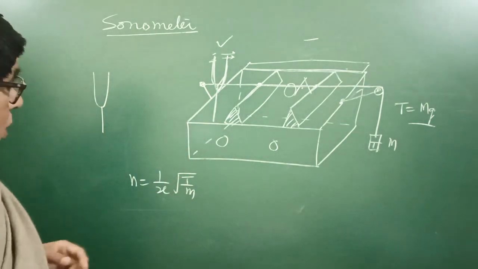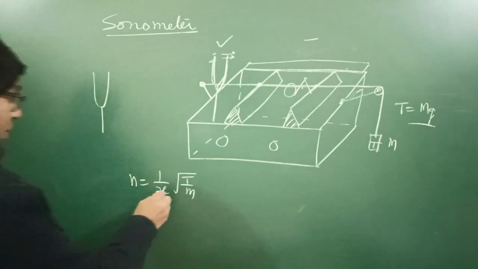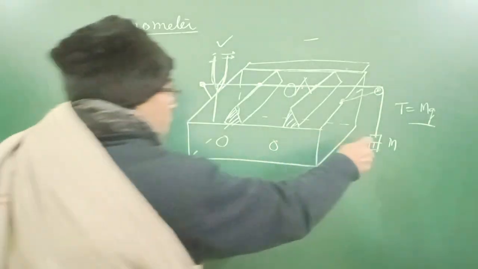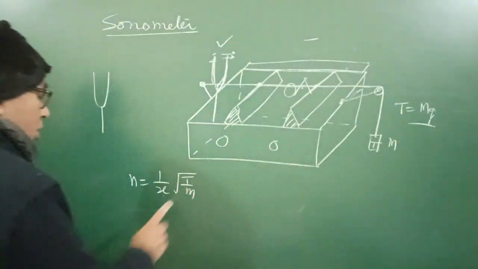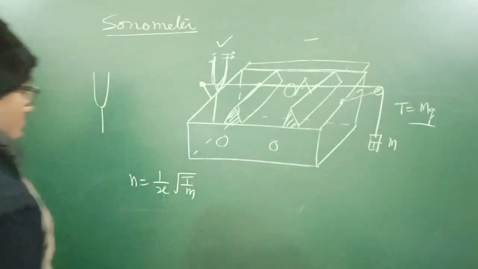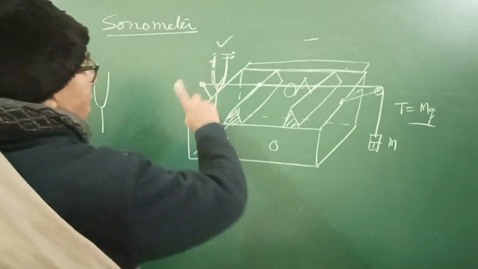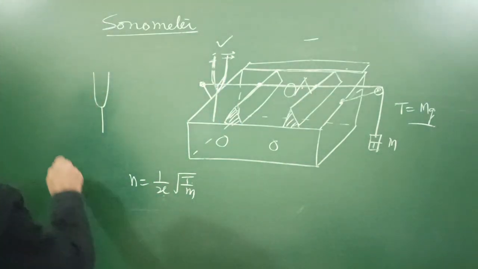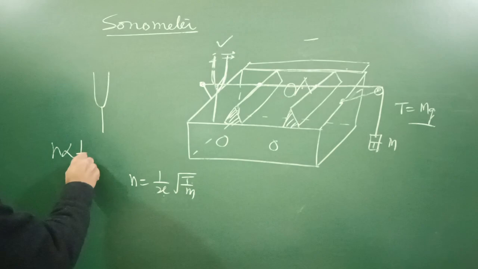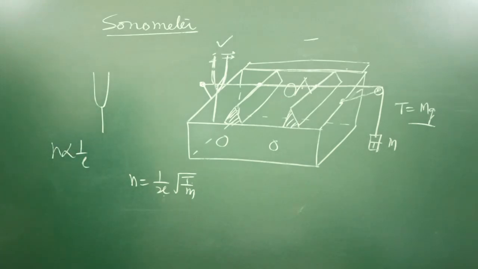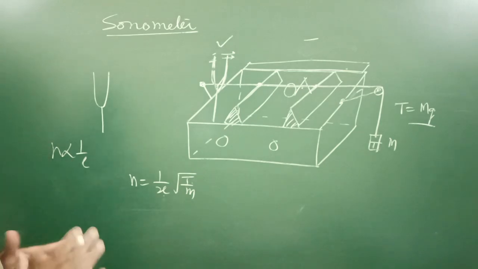Then you have resonance. So by measuring this length, noting the tension T and noting the mass per length, we can find out the frequency of the tuning fork. And if we know the frequency, we can verify that n is proportional to 1 upon L. Smaller the length, higher the frequency.